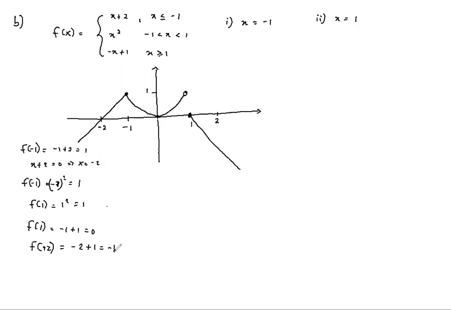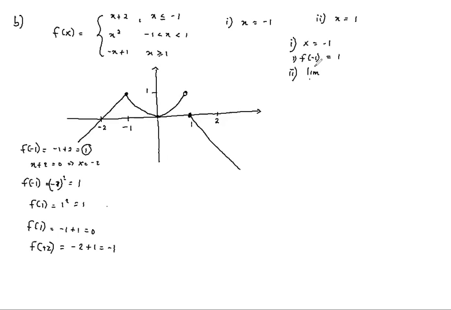Now you check for continuity. So continuity at x is equal to negative 1. First, you check f of negative 1. F of negative 1 is equal to, we have found it here, it is equal to 1. So it is defined. Remember, I need to check for the limit.